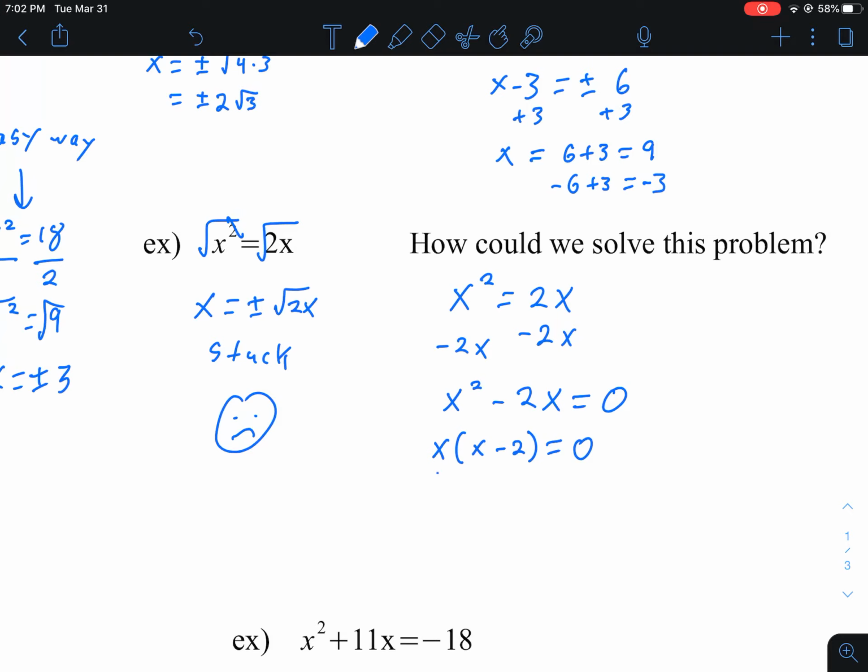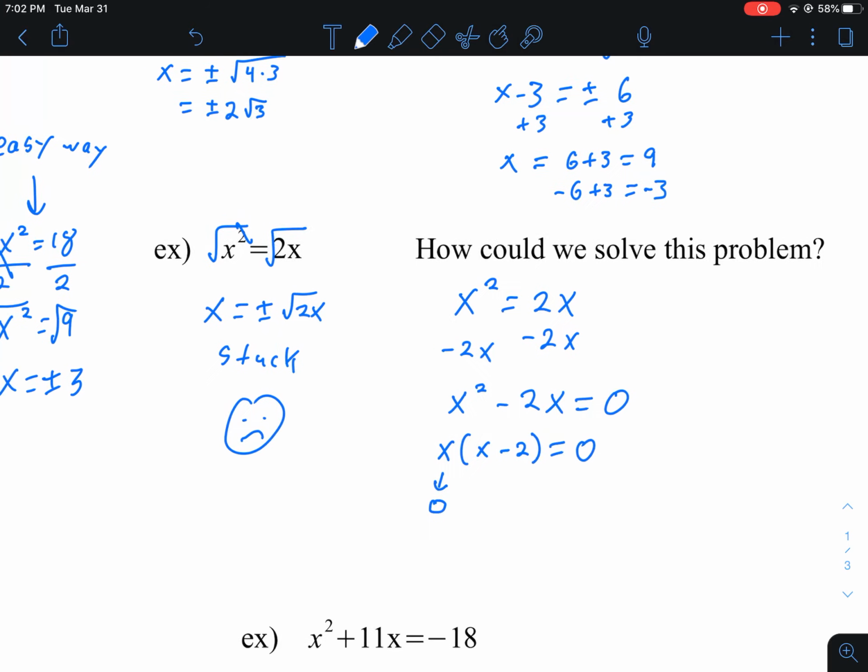Now, if this part was 0, we'd be happy because 0 times any number is 0. If this part were 0, we'd also be happy because x equals 2, because any number times 0 is 0. So our answers are 0 and, what was I writing there?